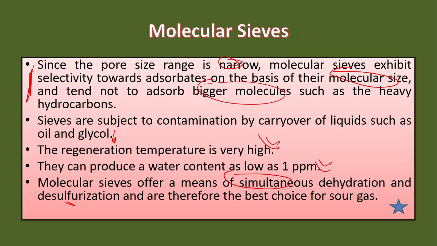So while going through the dehydration process, partial desulfurization is also going on in the molecular sieves. Overall molecular sieves are very good. They can lower the water content to 1 ppm, but they are very costly, and there are other problems, like they require more heat for regeneration.